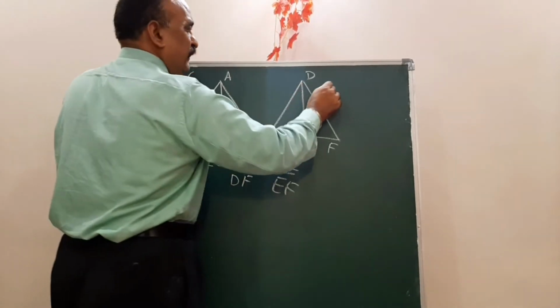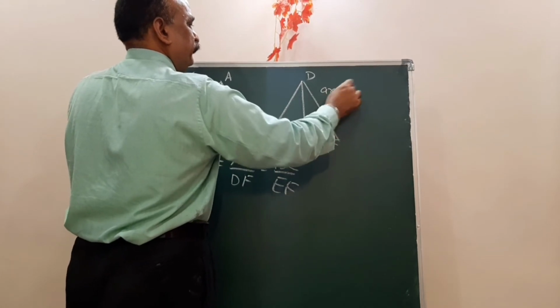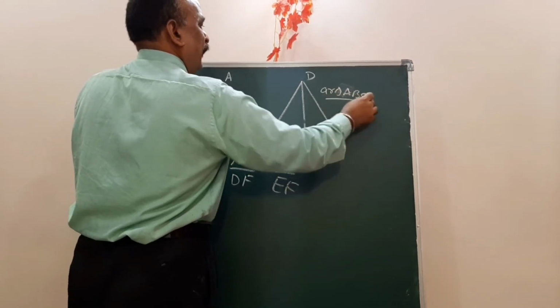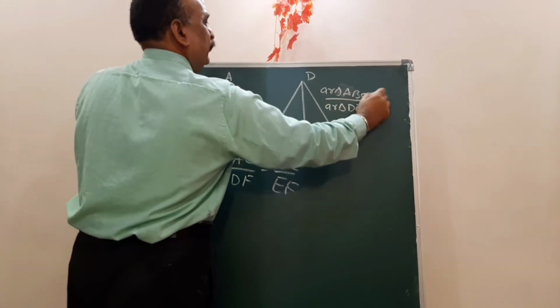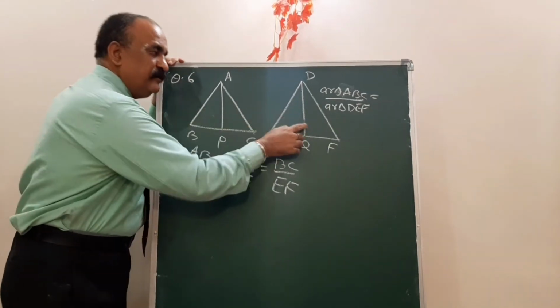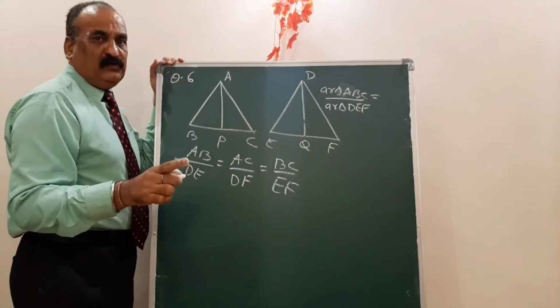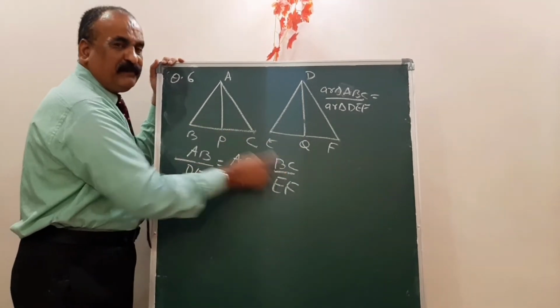It means area of triangle ABC upon area of triangle DEF is equal to, what you have to show? These two triangles are similar, this is given to you. If these two triangles are similar, it means the sides are in proportion.